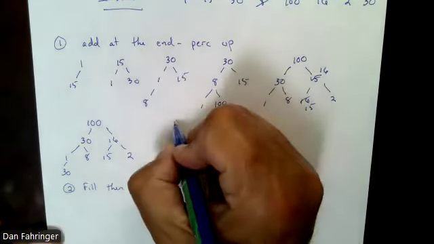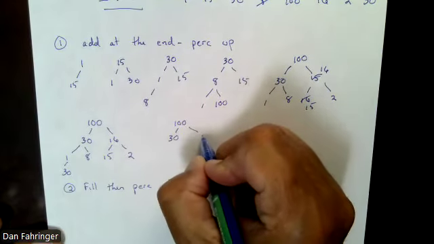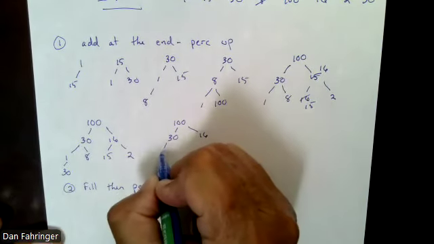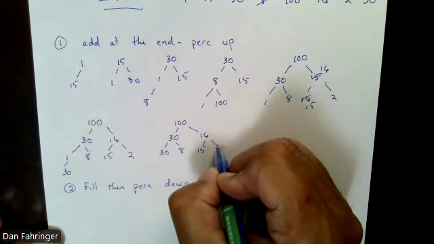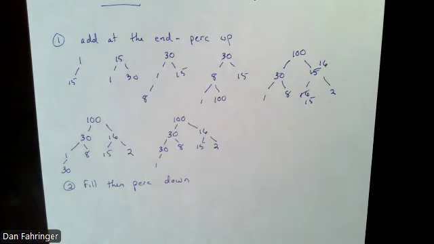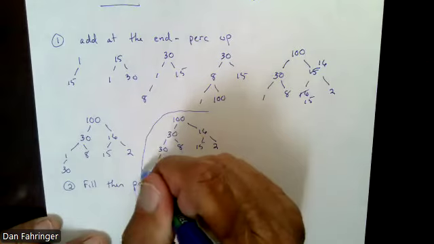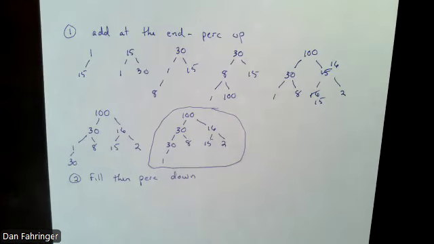So if I did the percolate up, I have 100. There's 30. There's 16. There's 30. There's 8, 15, 2, and 1. So by doing this, I think it answers Andrea's question of duplicates.